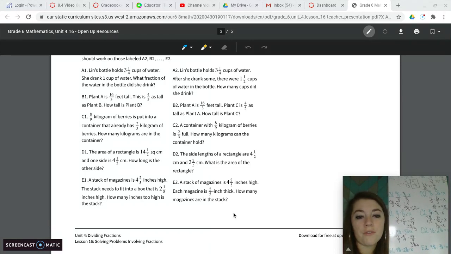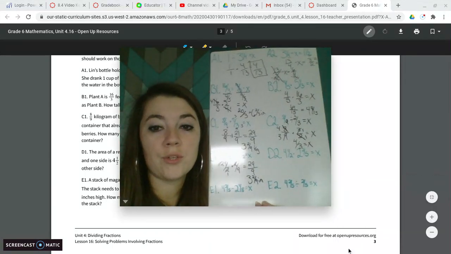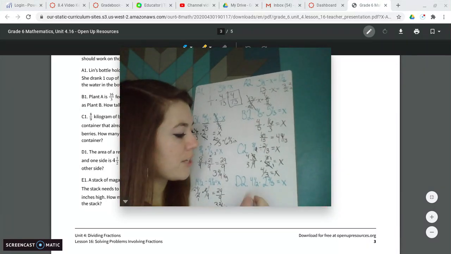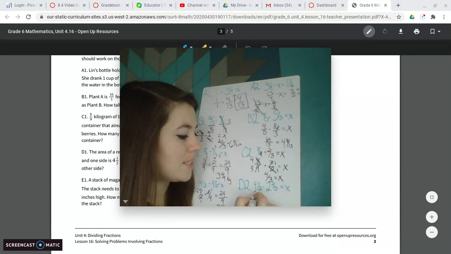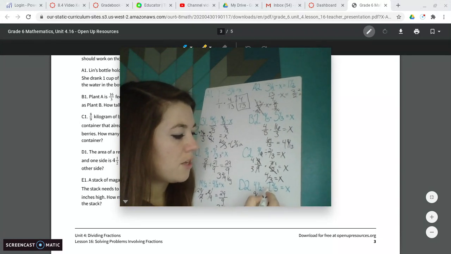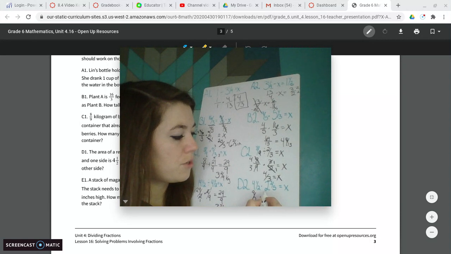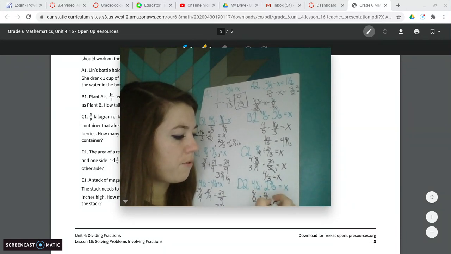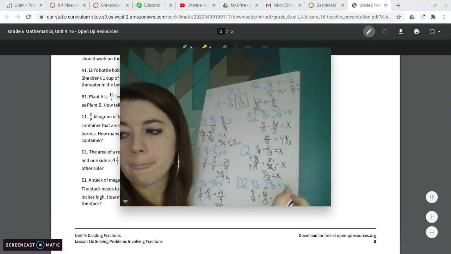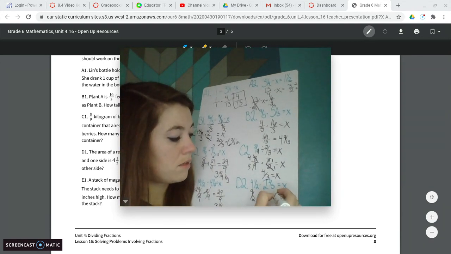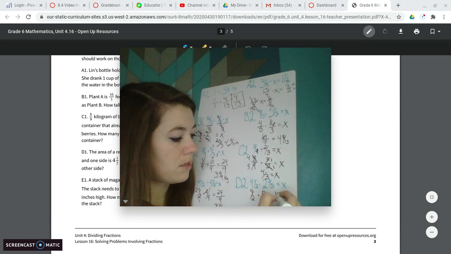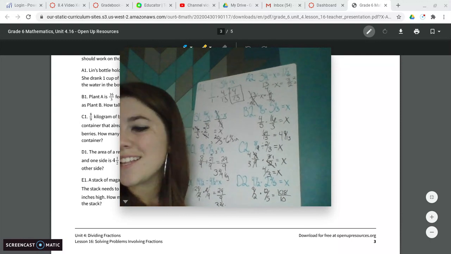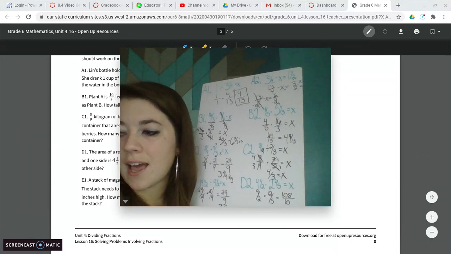What is the area of the rectangle? So if we're finding area and we're given the two sides, we're just multiplying. So if we convert these into improper fractions, 4 times 2 is 8, plus 1 is 9. So we have 9/2 times 2 times 5 is 10, plus 2 is 12, 12/5. 9 times 12 is 108 over 2 times 5. 2 times 5 is 10.